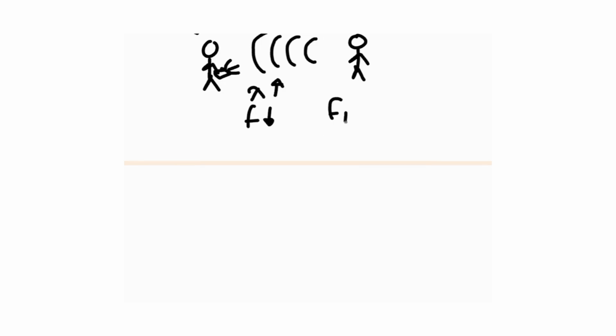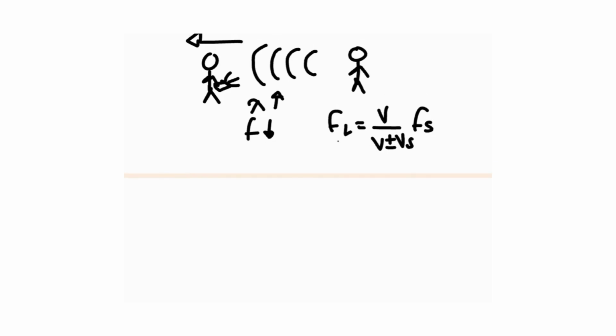And if we do write our equation, V over V plus or minus Vs times Fs, the frequency is now decreasing, my friend. And if the frequency is decreasing, that is going to decrease, sorry guys, and that is going to increase the denominator, because it's directly proportional to the numerator and inversely proportional to the denominator.